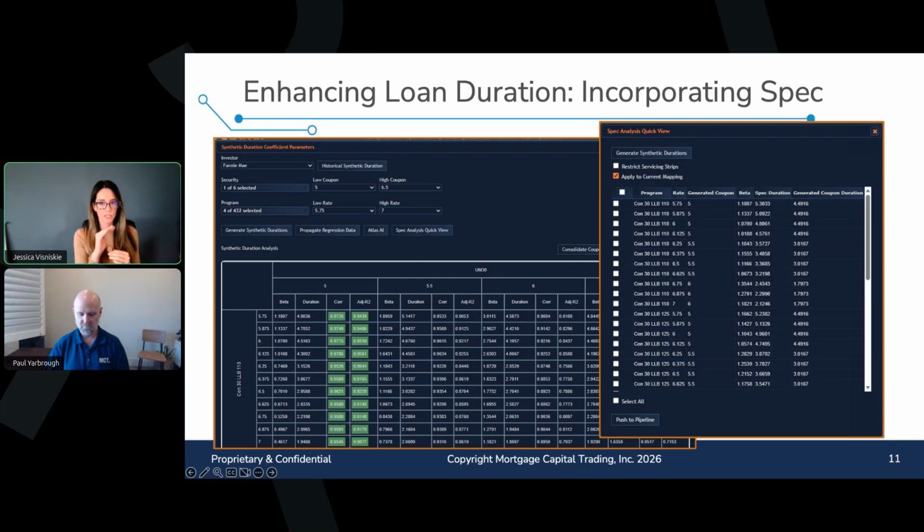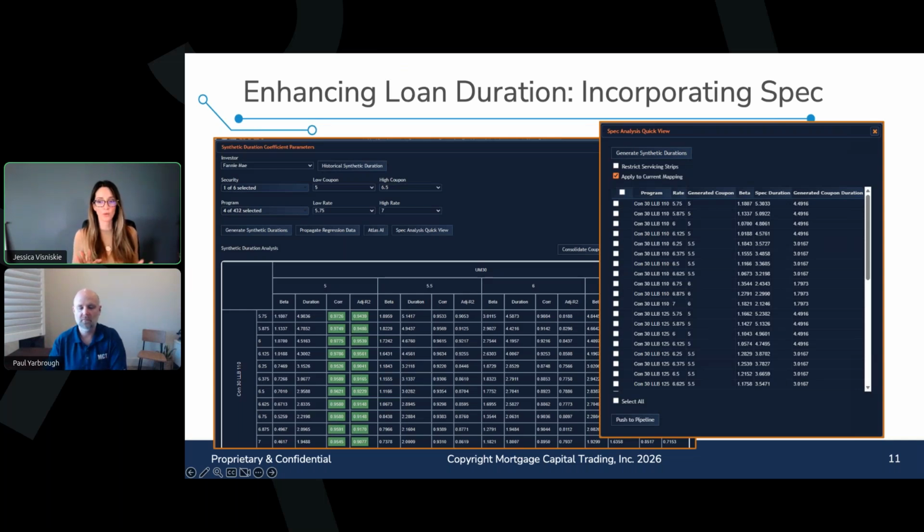If we focus in just on that very first line item, the 575 note rate, in the correlation column, that correlation is measuring the strength and the direction of the relationship between that UM35 and the 110K 575 here. So about 97% correlation. The next column over is the adjusted R squared, and that's measuring the movement that is explained by that underlying TBA.